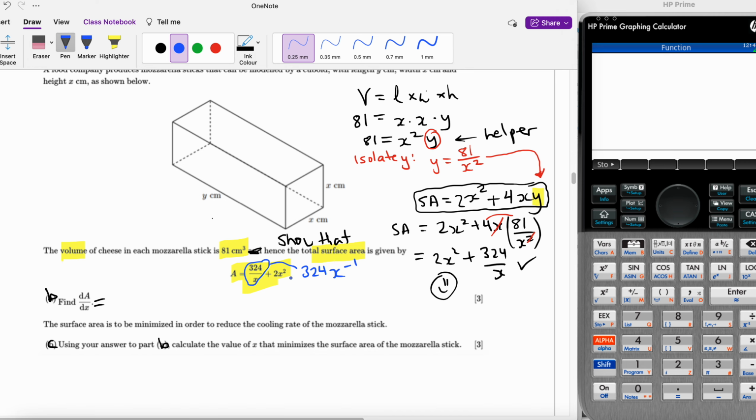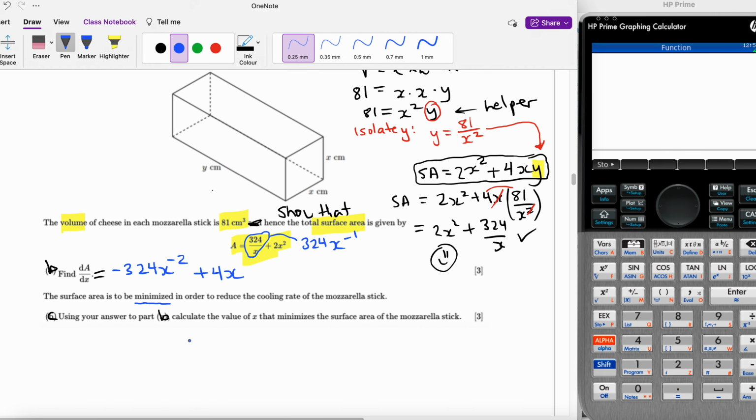Now, remember how to derive, so you're going to drop this. So this is going to be minus 324x to the power of minus 2, plus 2x squared derived is 4x. Done.